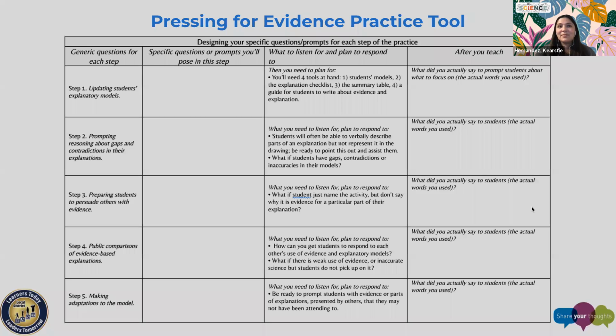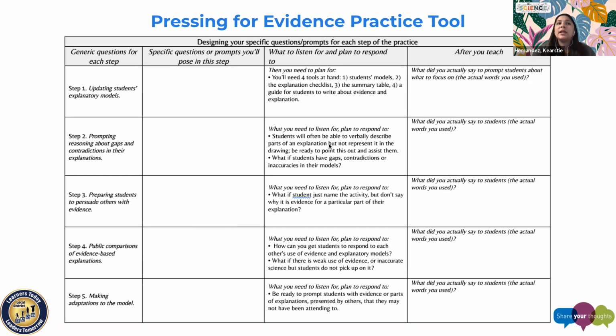All right. So this is the Pressing for Evidence practice tool. We've shared these throughout all of the practices PDs. Again, it's developing questions as you're going through this practice. Each step, you would develop questions to ask students.